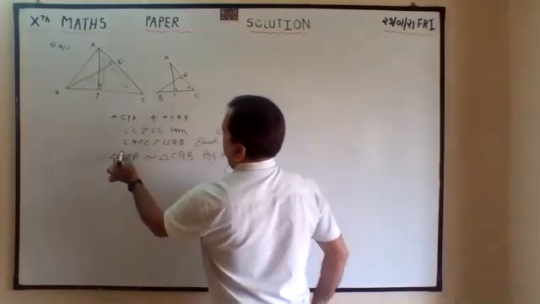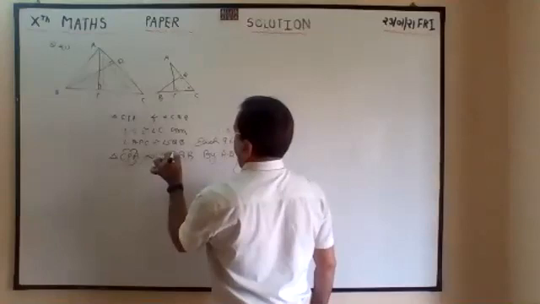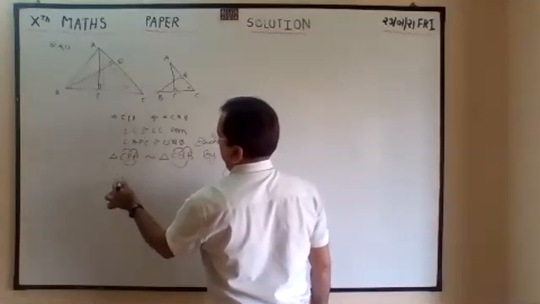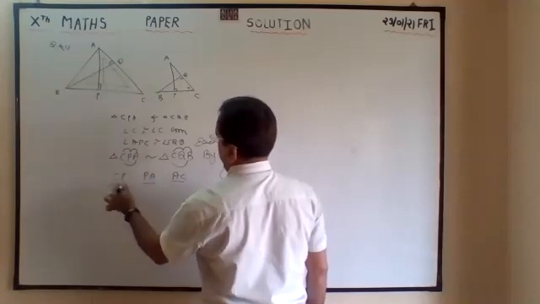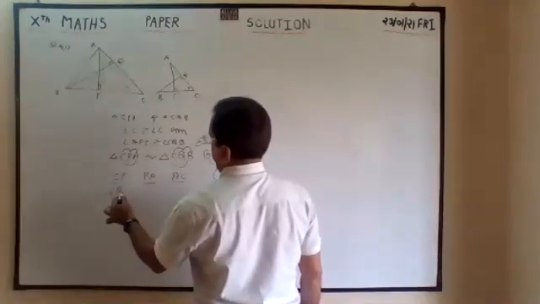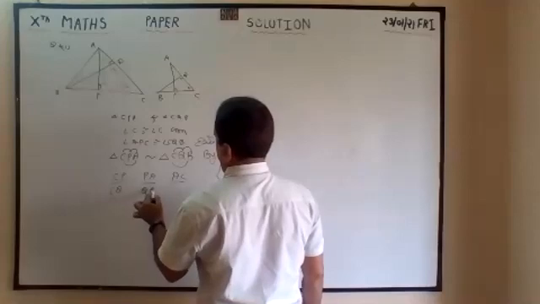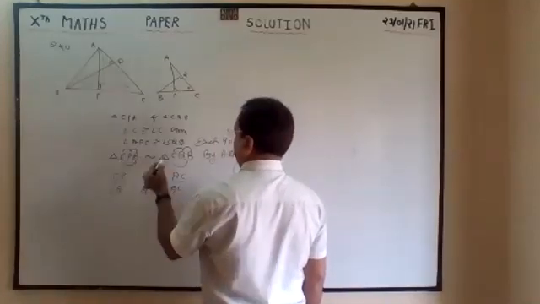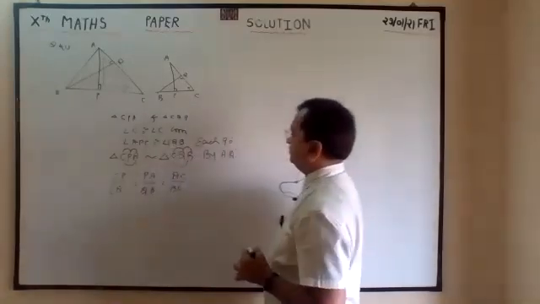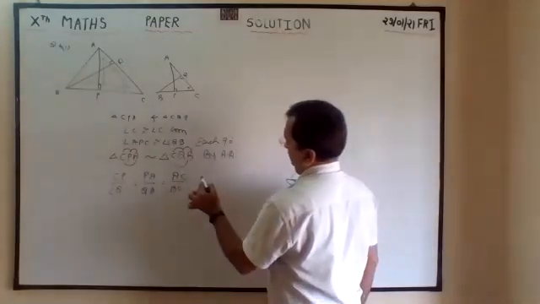Okay, now you can write the pair: CP, PA, AC, CQ, QB, first, second, second, third, third, first.